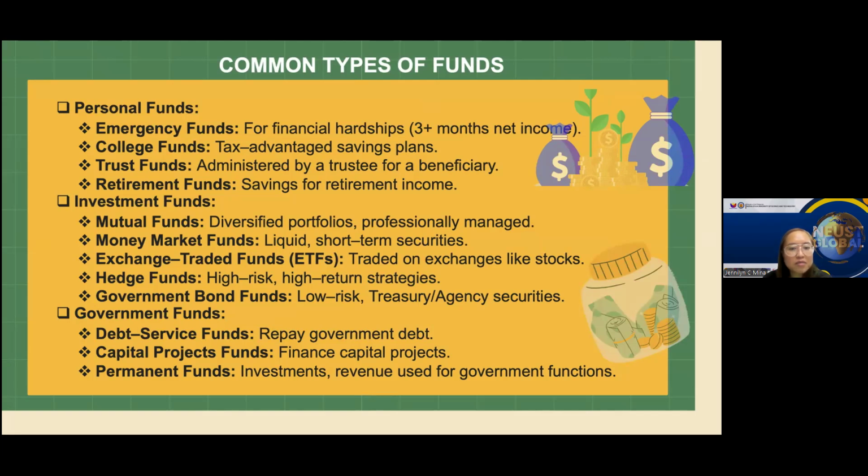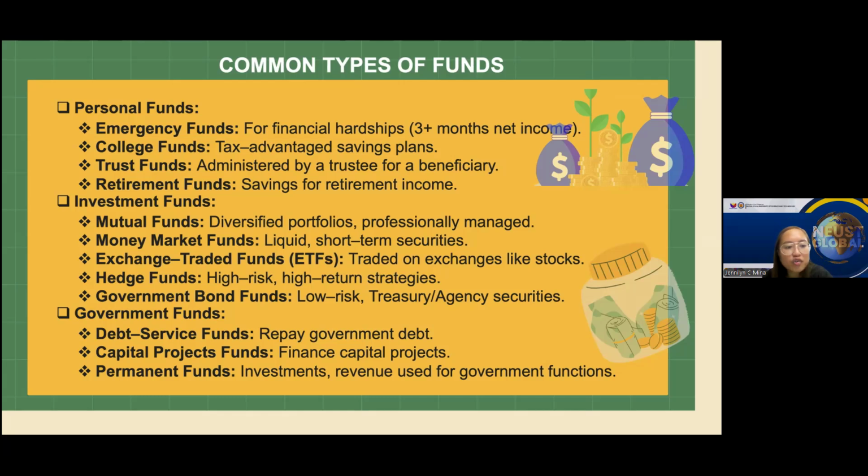Investment funds can be mutual funds, money market funds, exchange traded funds, hedge funds, and government bond funds. For example, a mutual fund is a professionally managed fund that invests in stocks, bonds, or other assets. A money market fund is a low risk fund that invests in short term securities like treasury bills.